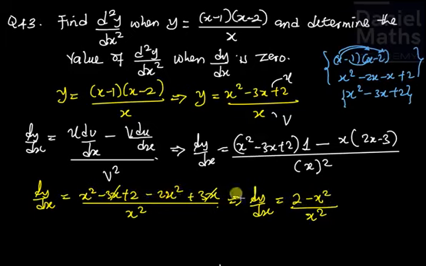So if I go ahead to simplify this, therefore dy over dx is equal to 2 minus x, and then all divided by x squared. So this is the answer to this question.